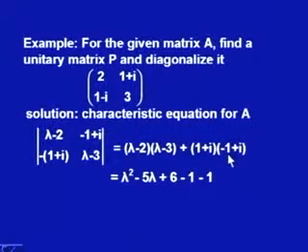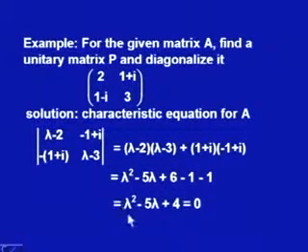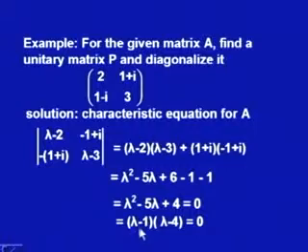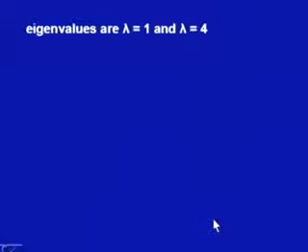Perform this multiplication and it is lambda square minus 5 lambda plus 6, and from the other part we get minus 1 minus 1, and that gives us lambda square minus 5 lambda plus 4 equal to 0. When you factorize it, it is lambda minus 1 into lambda minus 4 equal to 0, and that gives us the eigenvalues lambda equal to 1 and lambda equal to 4.